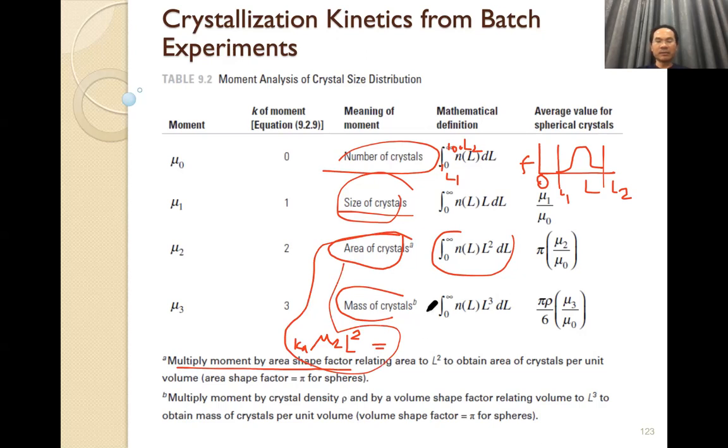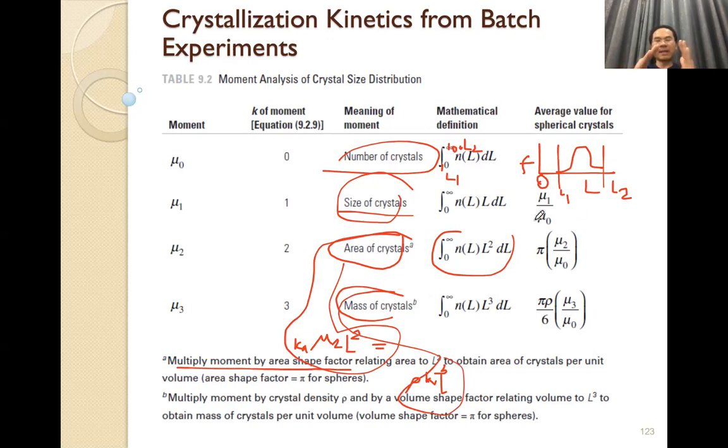Right. And also for this, if you multiply rho KVL over 3, this is the mass of crystal. Rho KVL over 3. This is the density or mass of crystal for that case.